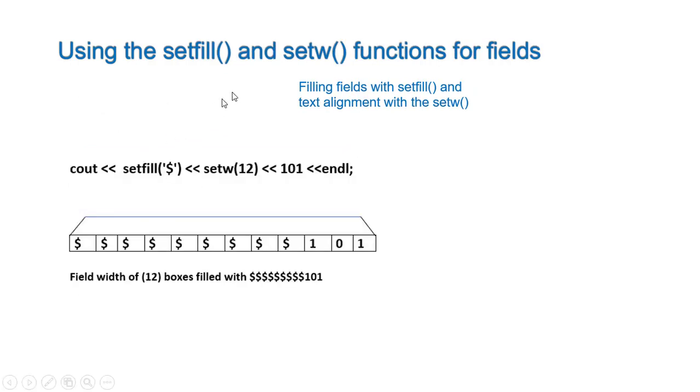Now, using the setfill and setw functions for fields, we can also use this for text alignment. Look at this example here on the screen. cout setfill('$'), setw(12), then the number 101.